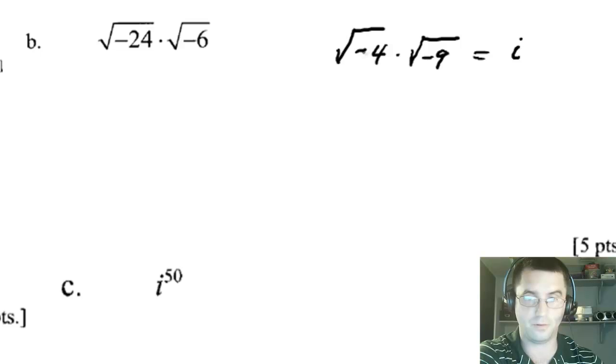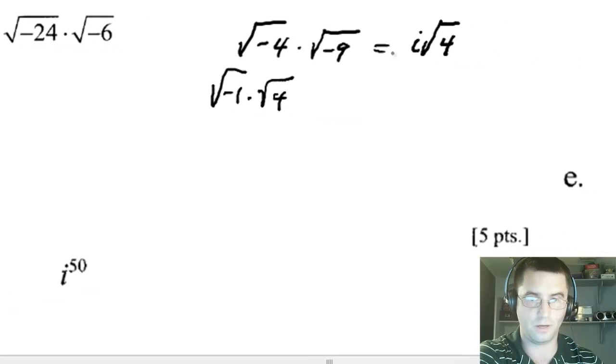I'm going to pull the negative 1 out of here and call it i, because what is the square root of negative 4? It's the square root of negative 1 times the square root of 4. So I'm going to pull i out there, and it's going to be i square roots of 4. And then this is i square roots of 9.